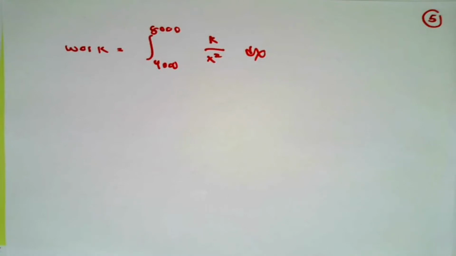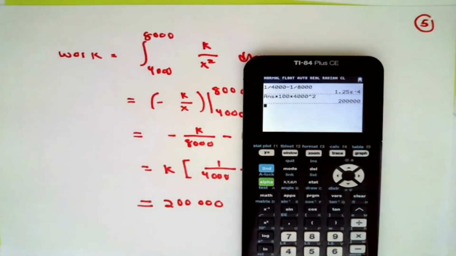It's a generic result that the work is the integral of the force with respect to the variable that tells me location. For Hooke's law, the force was some constant times x. For gravity, it's some constant divided by x squared, where x here represents the distance from the center of the Earth. Putting the numbers into the calculator, I find out that the amount of work needed is 200,000.